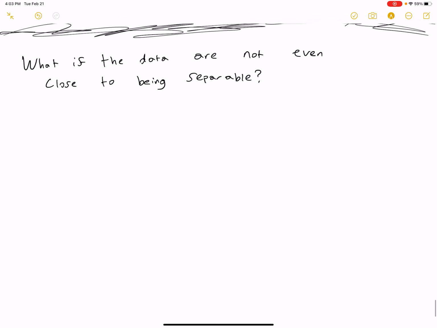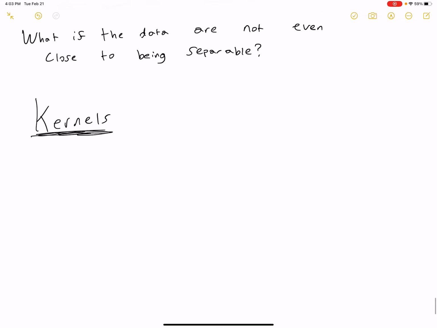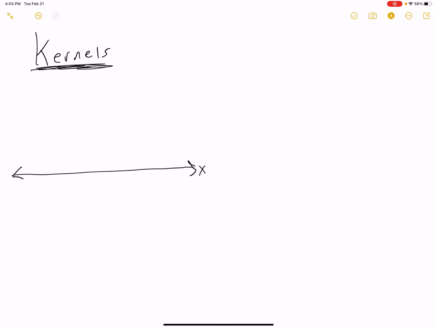Okay, and the answer to that is kernels. And so a support vector machine is a support vector classifier plus kernels. So what's a kernel? The basic idea of a kernel at a high level is that, let's say we have data that are super duper not separable.